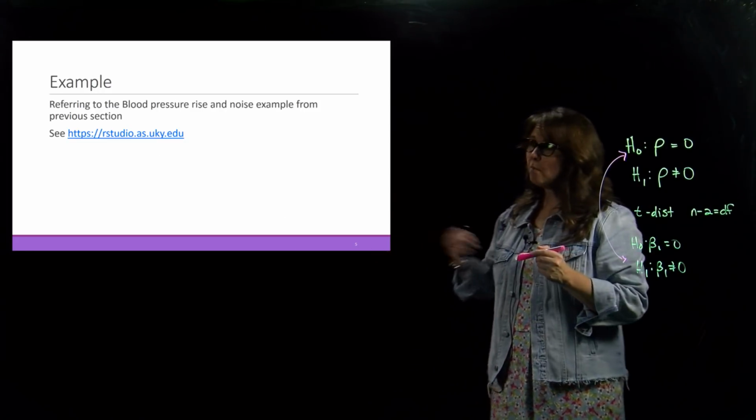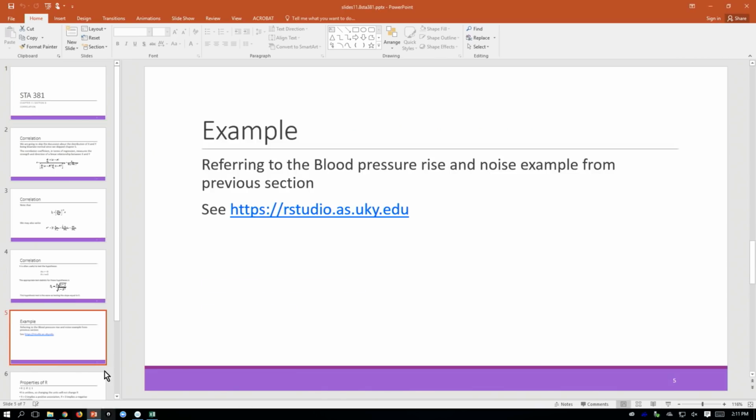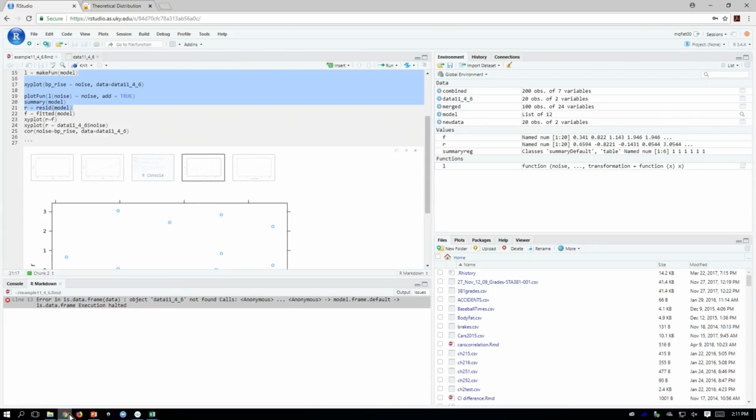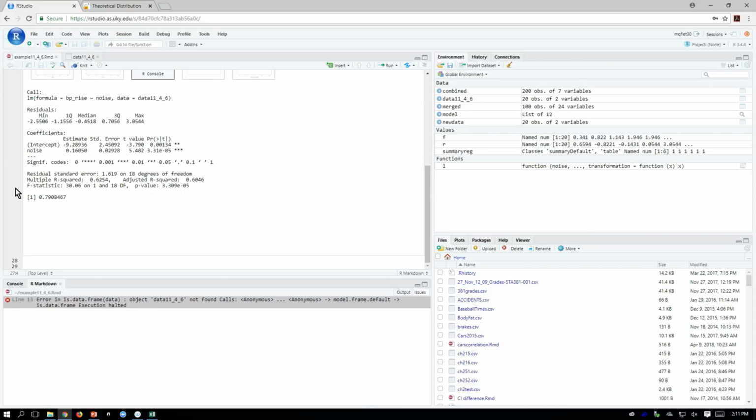Okay, so we're going to go back to R and see where correlation comes into play there. That's the blood pressure example that we've been looking at in this chapter. There's a couple different ways that you can get correlation out. First of all, when you do a summary of the model, you'll say, wait a minute, I don't see an R there, a correlation anywhere.